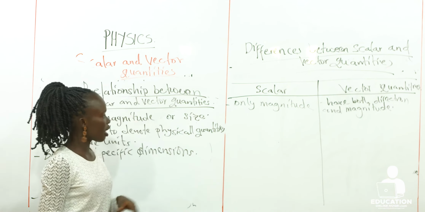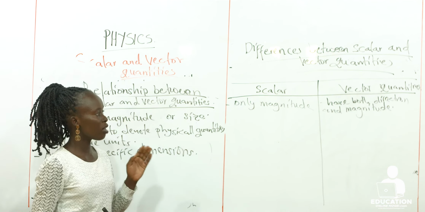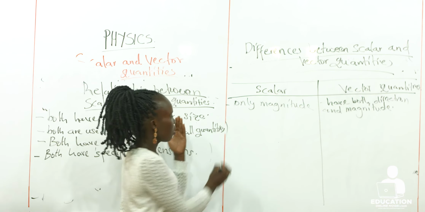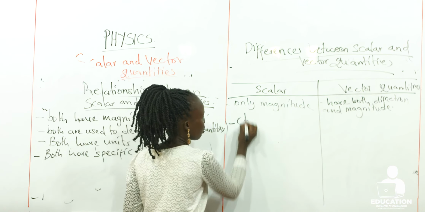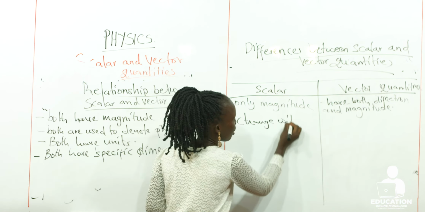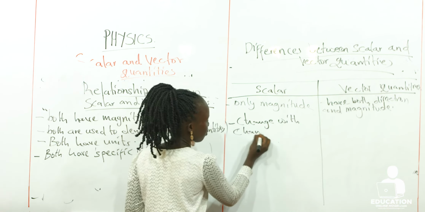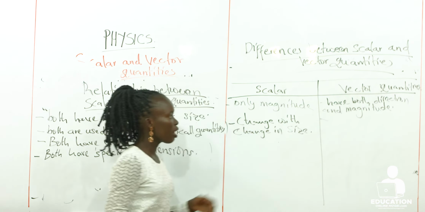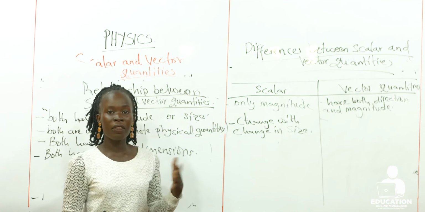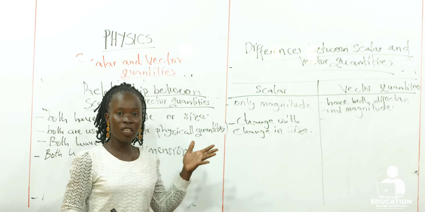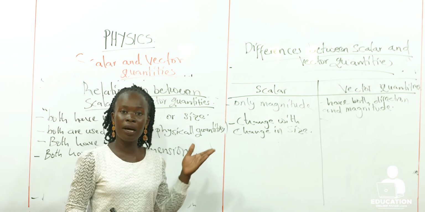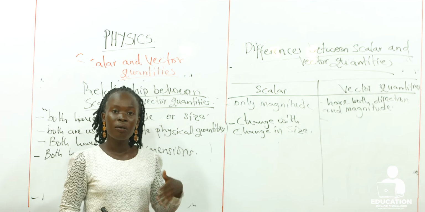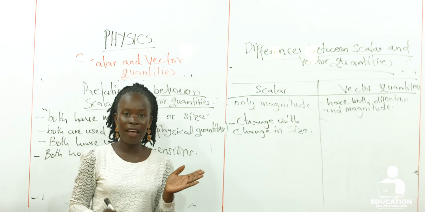We can say that scalar quantities, they only change when there is a change in the magnitude. So they change in magnitude, or you can say in size, which is not the case with the vector quantities. You find out that with the vector quantities, it will change when there is a change in either the magnitude or the change in the direction, or the change in both the magnitude and the direction.